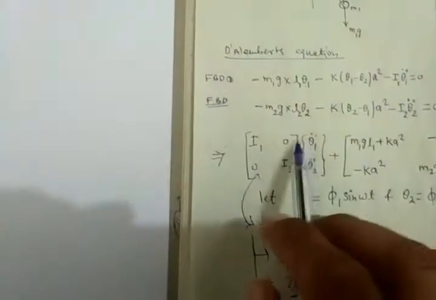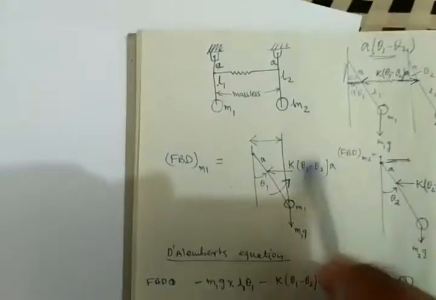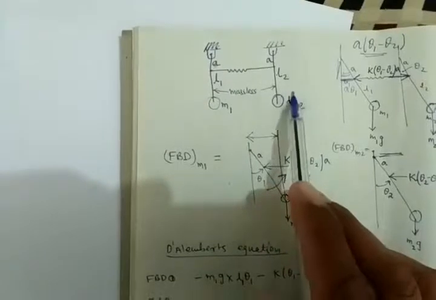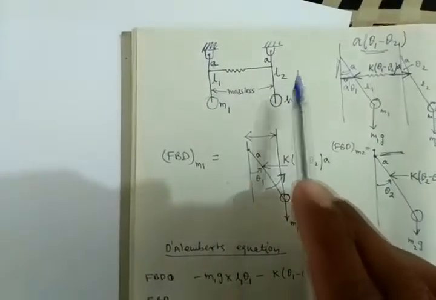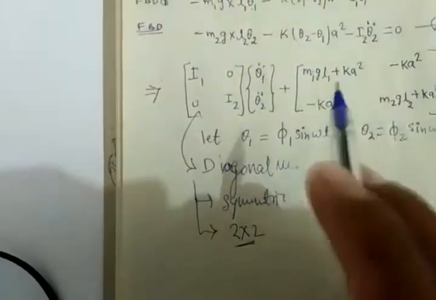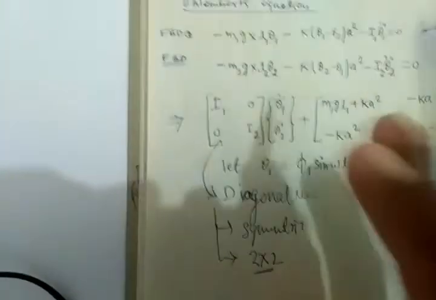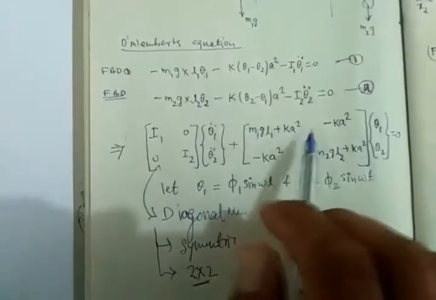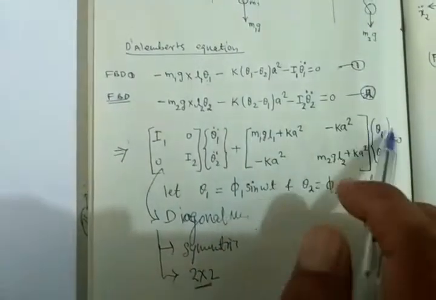Why this matrix is diagonal, that you can observe from here. That's very simple. You have taken the coordinates about the point about which your pendulum is rotating. So this is the simple reason because of which this matrix is coming diagonal, and these terms, I have mentioned from here only, are equal to 0.